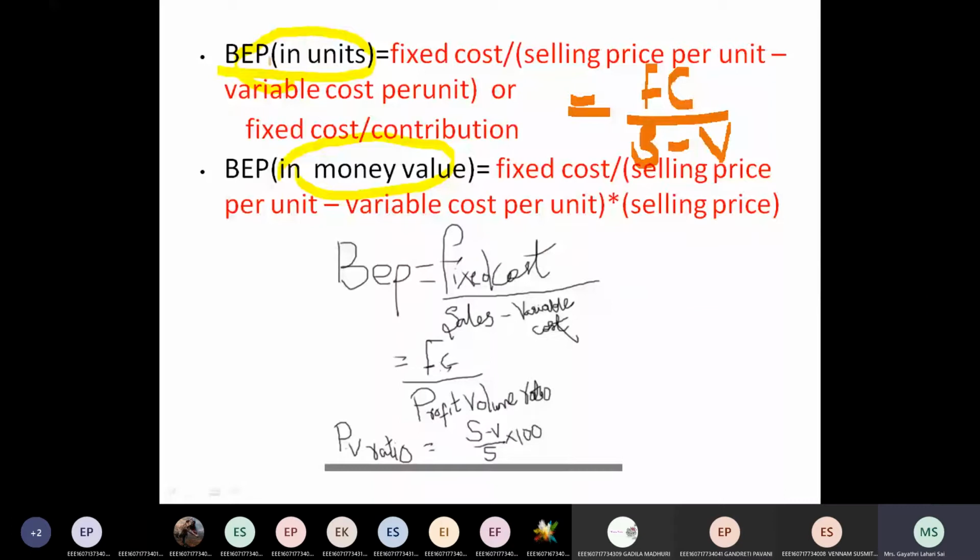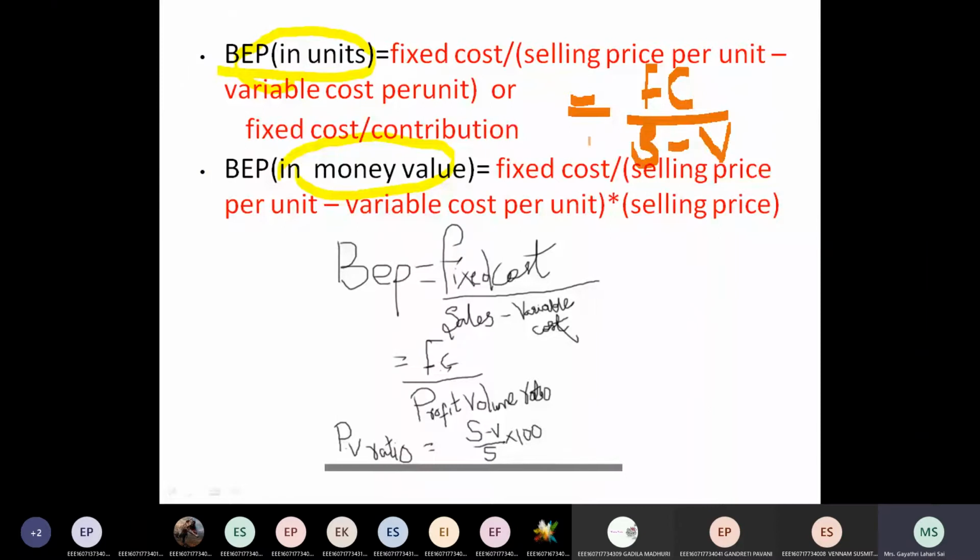Fixed cost of a product, say 10,000 rupees is fixed. So that fixed cost divided by selling price of a single piece minus variable cost of a single piece is equivalent to break even point in terms of number of units.